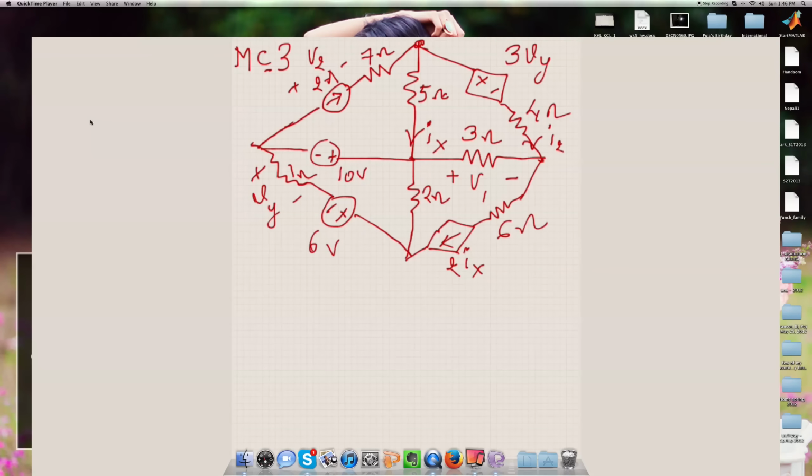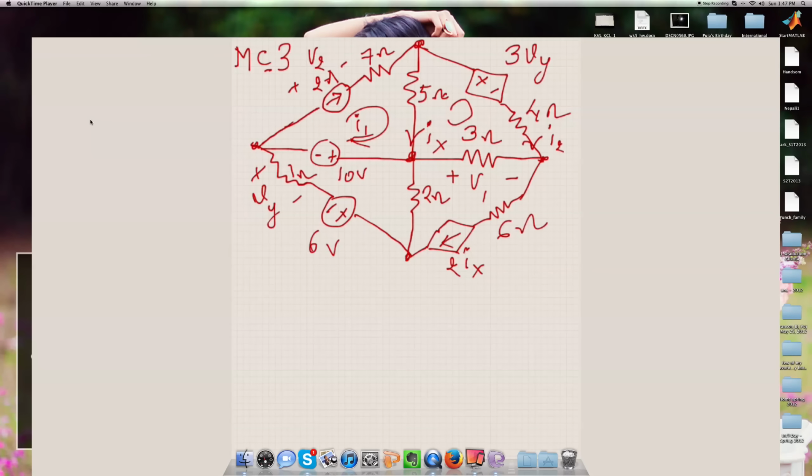So we have nodes here, and 2 amp, plus minus V sub 2, 7 ohm, 5 ohm, I sub x, minus plus 10 volt. This is mesh number 1, I sub 1, and 5 ohm, I sub x, plus minus 3 V sub y, 4 ohm, I sub 2, 3 ohm, plus minus here.